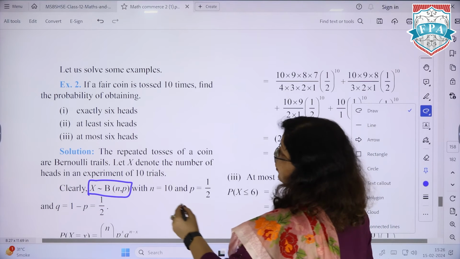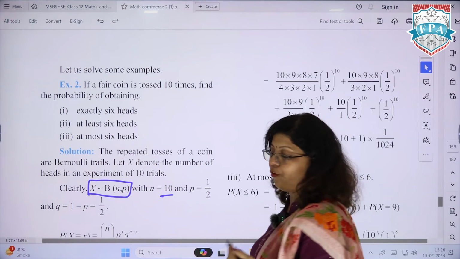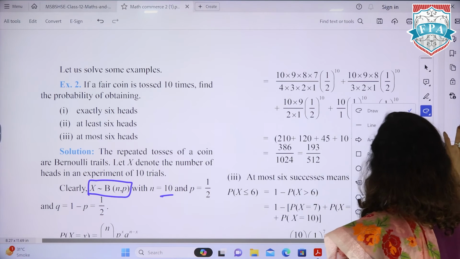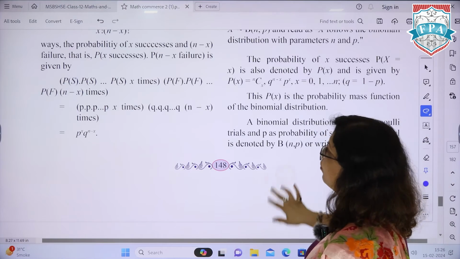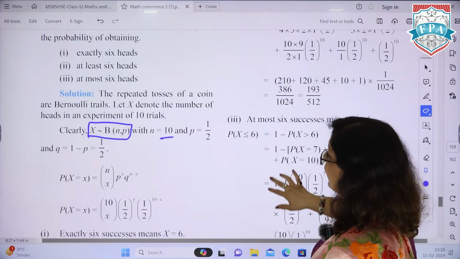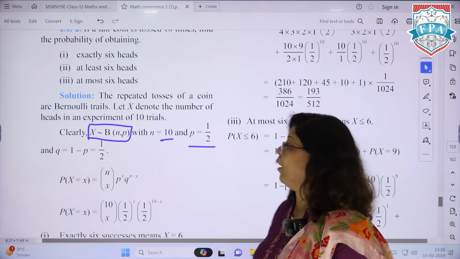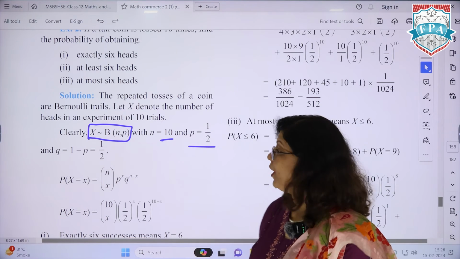Here in this question, n is 10 because we are trying it for 10 times. Probability of getting a head is 1 by 2, so p is 1 by 2. So definitely q will become 1 by 2, 1 minus p.